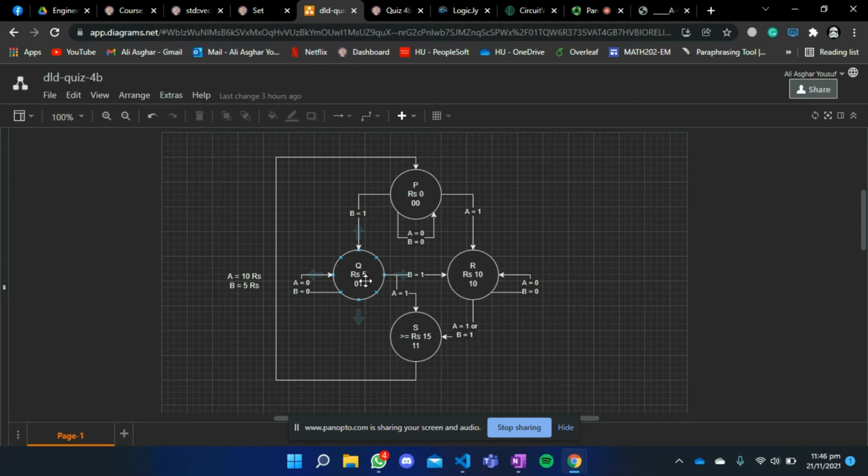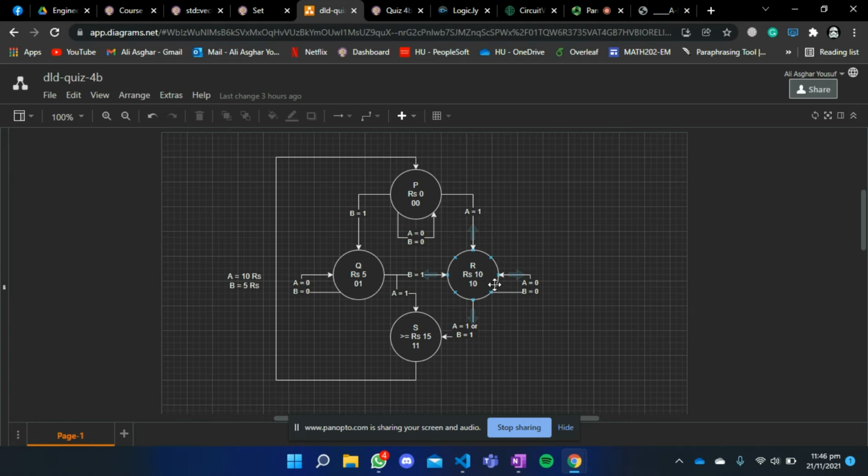And then if another 5 rupee coin is inserted, then we move on to the R state, which is 10 rupees. We can also go to that R state by directly inserting a 10 rupee coin, because we have two options. So then the A input will be 1, and we'll move on to the state.